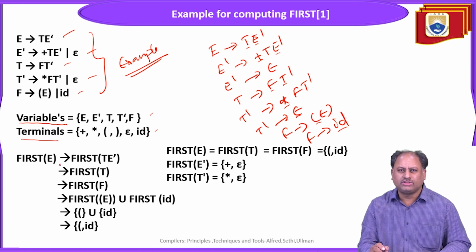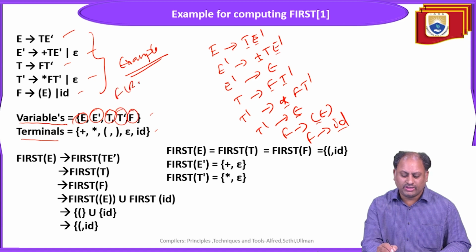We are going to calculate first of E, first of E dash, first of T, T dash, F. So we are going to make the computation of first of E, E dash, T, T dash, F.